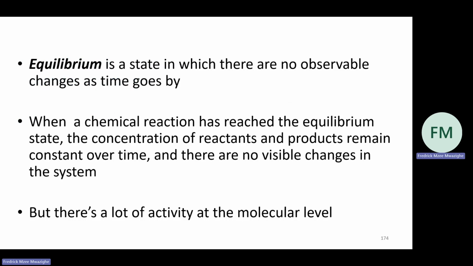So equilibrium is a state in which there are no observable changes as time goes by. So when you look at a particular system, whether it is a flask containing an amount of water and you cannot observe any change, then you can say that it is in a state of equilibrium.